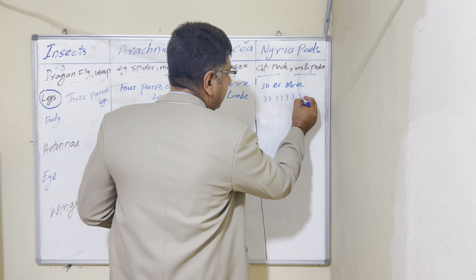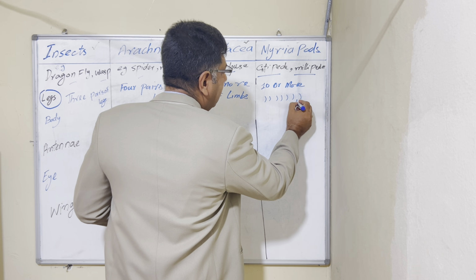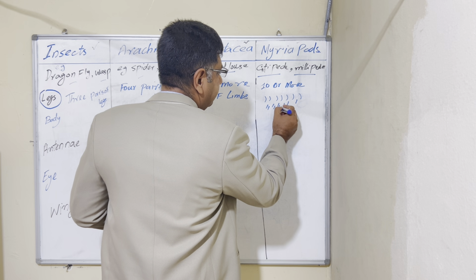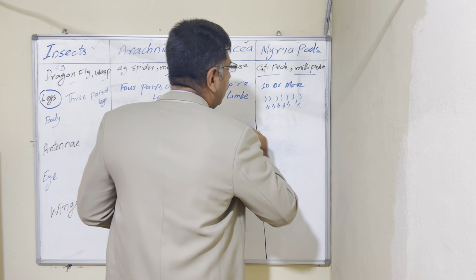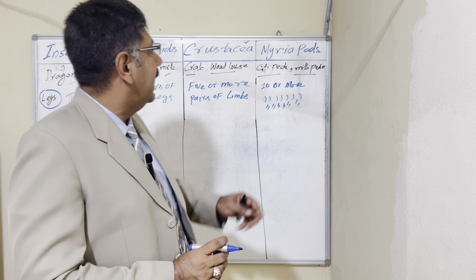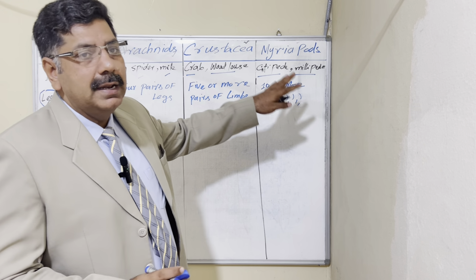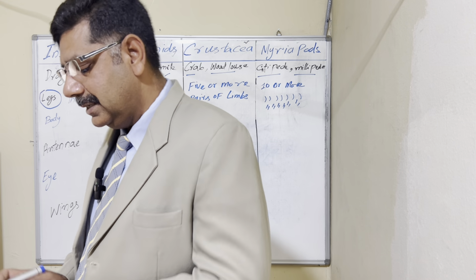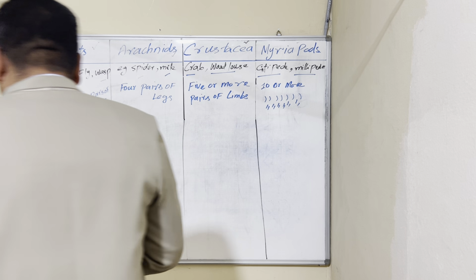So each segment has a pair of legs. So there are ten or more pairs of legs in the centipedes or millipedes, or we say myriapods. In myriapods, this is how we have classified.